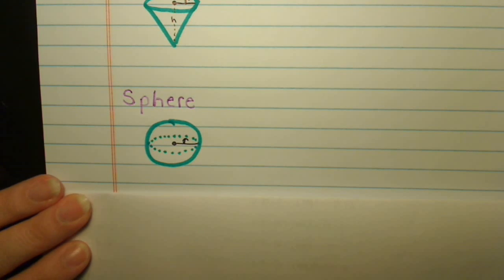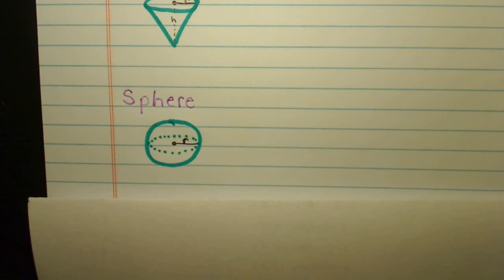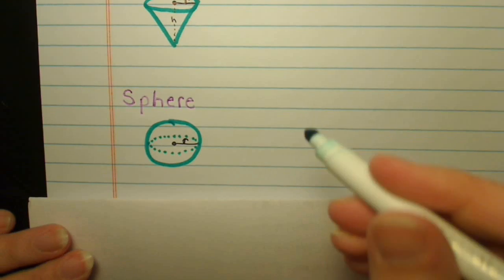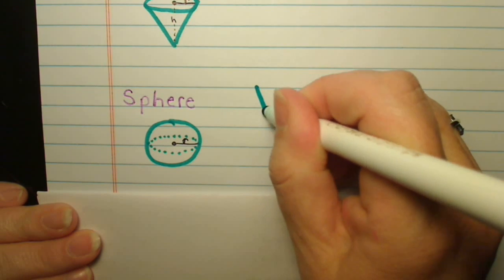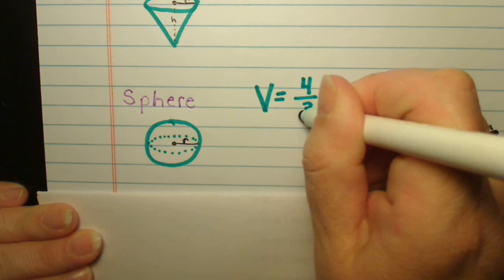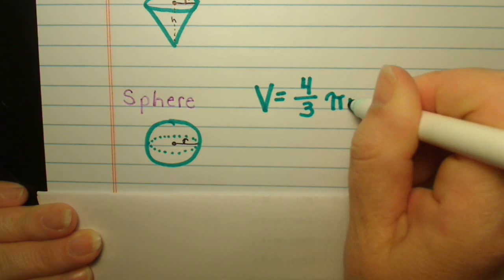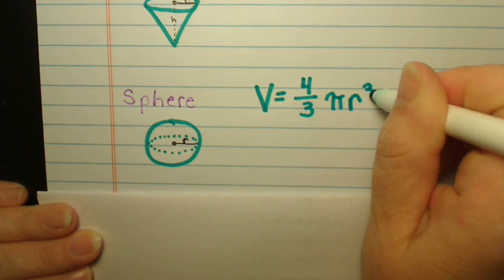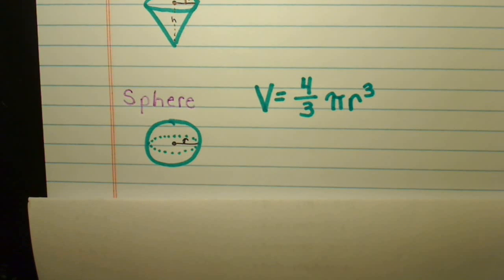Now, a sphere doesn't have a height. So the formula you actually have for a sphere is volume is equal to 4/3 pi r cubed. That's the formula you're going to use in order to find the volume of a sphere.